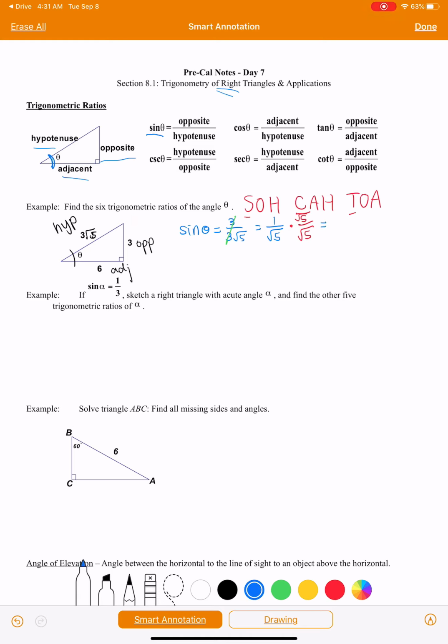Why is that? When we multiply 2 square roots together, there's a property that tells us we can combine them under 1 square root symbol. Notice how I combine 5 times 5 underneath the square root. 5 times 5 is 25, and the square root of 25 is 5.